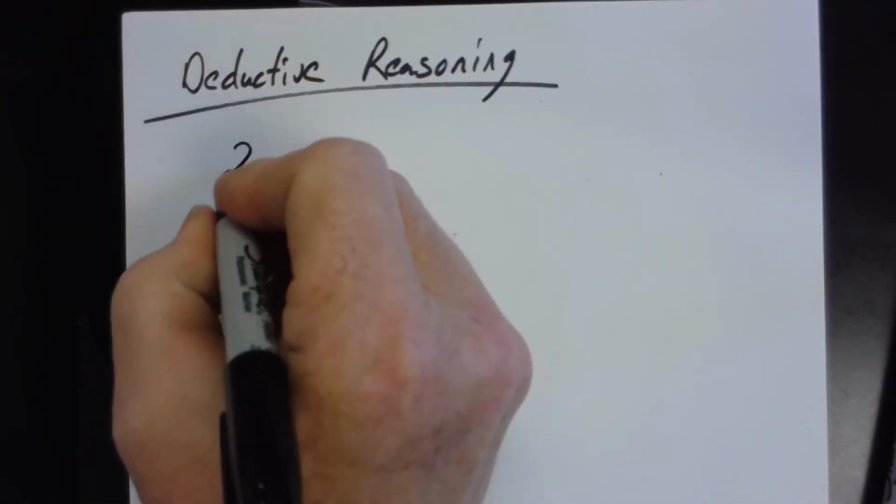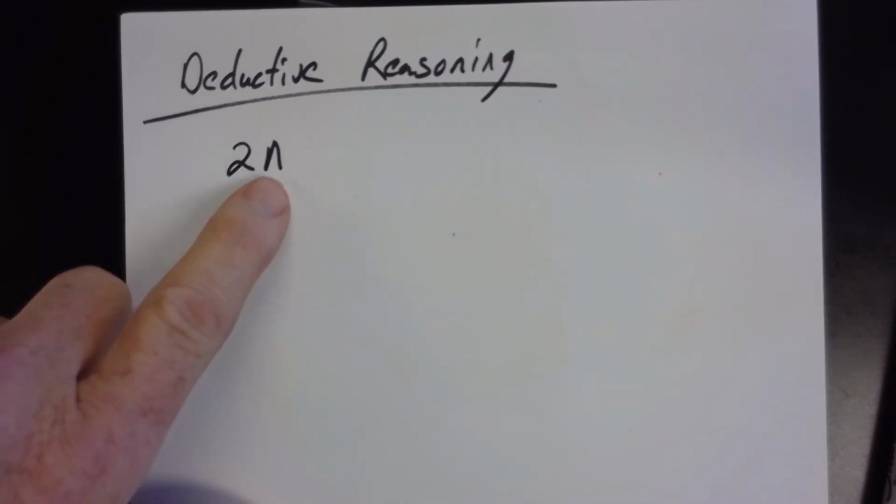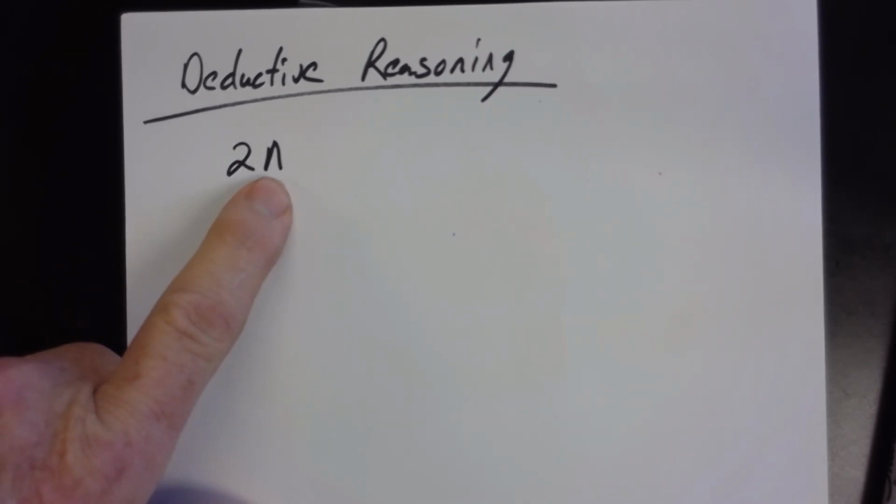Well, 2n. Okay? What do I know about 2 times some number? It's even. Isn't that the definition of an even number? It's a multiple of 2. Can n be positive or negative or 0? Yes. Okay? So it doesn't matter what integer n is, 2n is even.